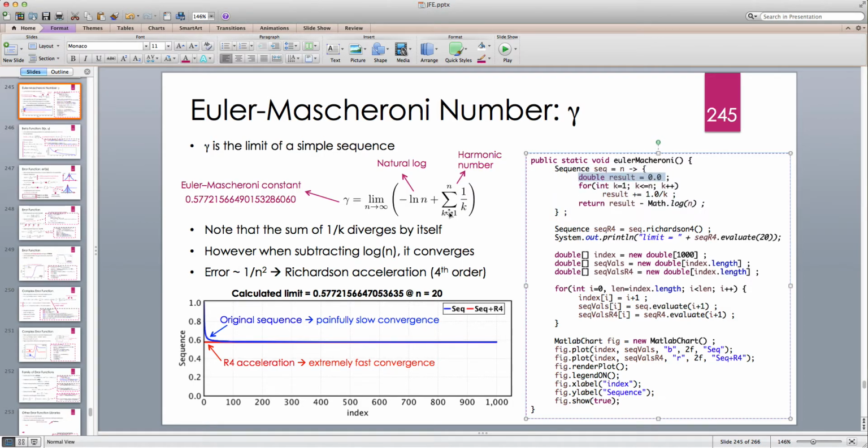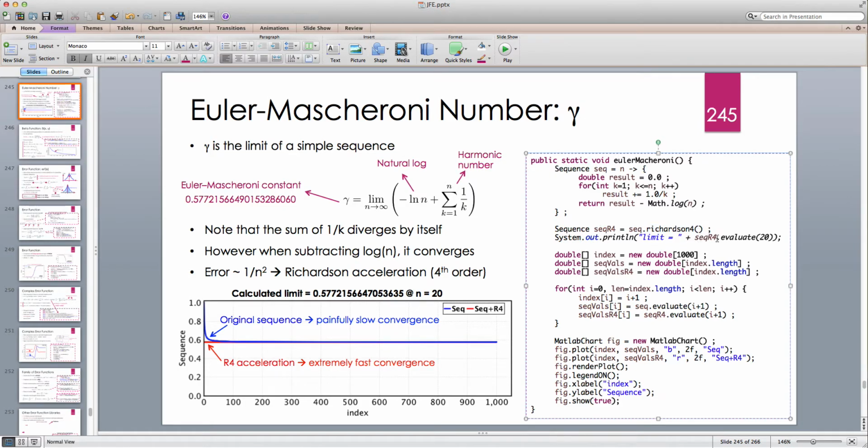So I sum k from 1 to n, 1 over k, and then subtract the log of n from it. This is a natural log. And then I create another sequence R4, Richardson 4th order, and do the Richardson 4th order transformation. If you recall, this is a default method and returns another functional interface sequence.